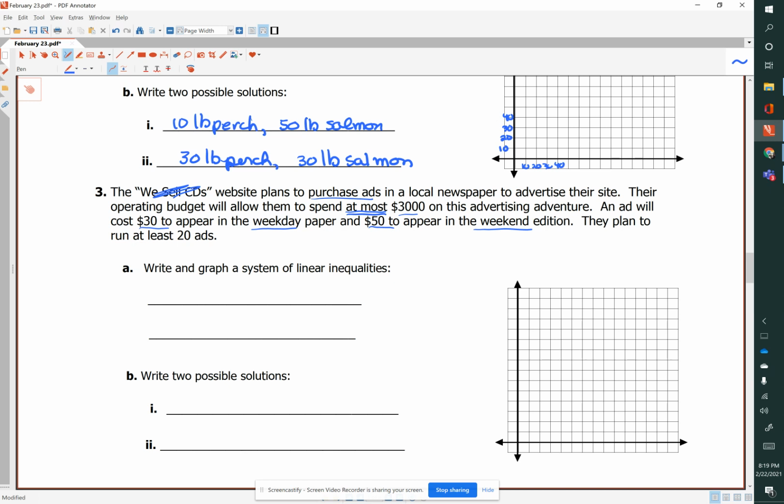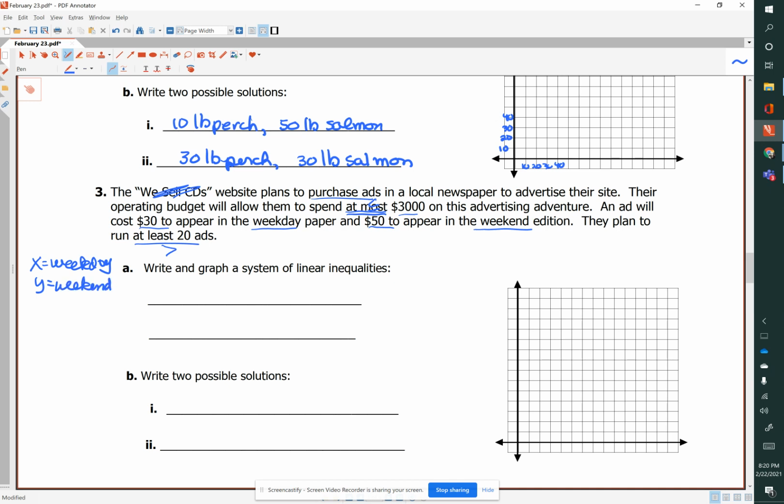They also plan to run at least 50 ads. So this is at least 50, that's a greater than. This is at most 3,000, so that will be less than or equal to. And also let's define our variables. So X would be the weekday and Y would equal the weekend.